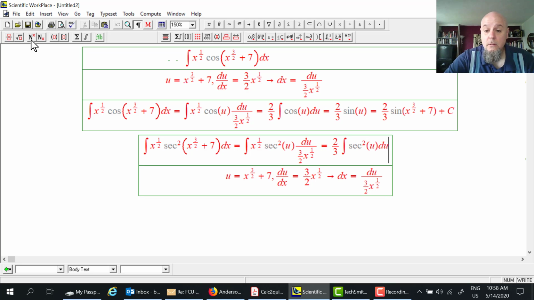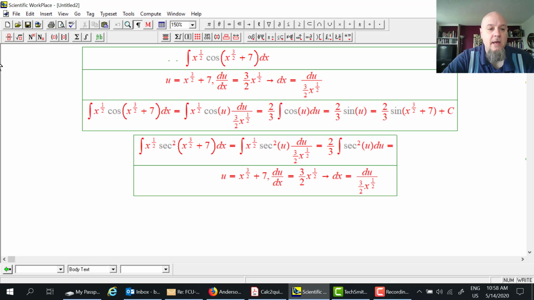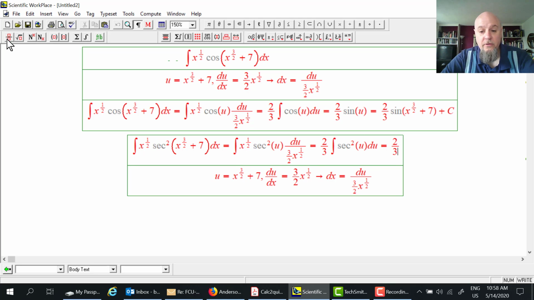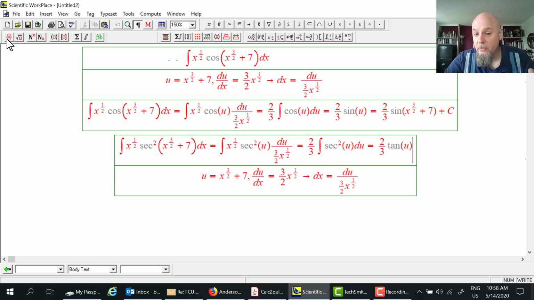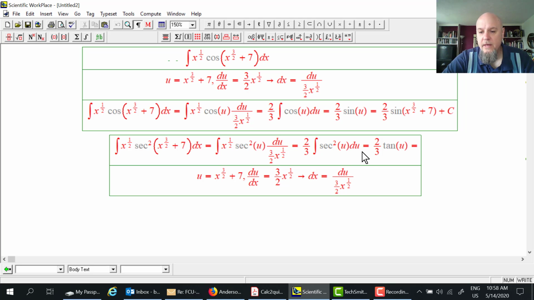Now, what do you differentiate to get sec squared? Tan. So I'm going to have my 2/3, that's just a constant, tan u, and now I'm done with the integration, so I can replace back what u is.